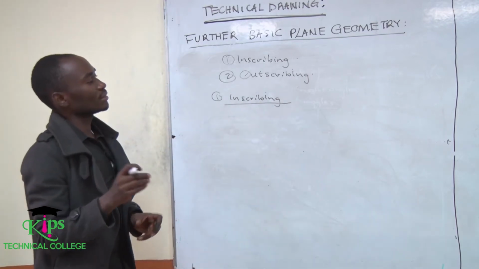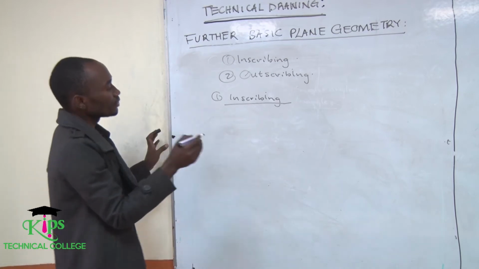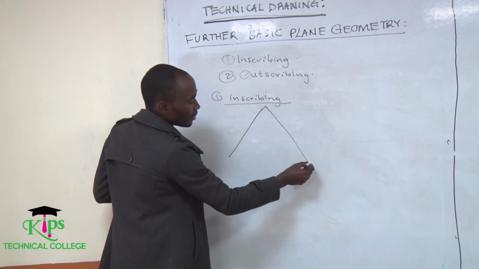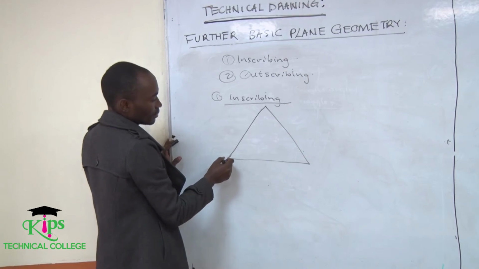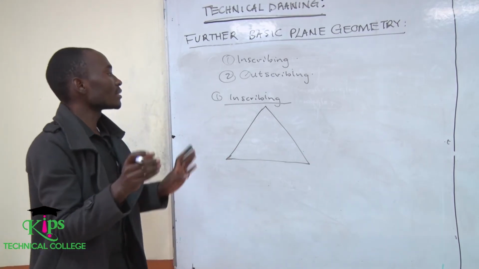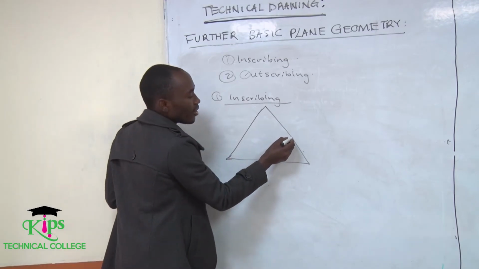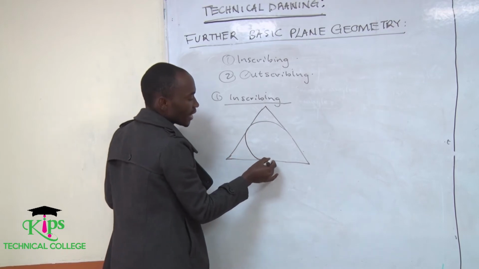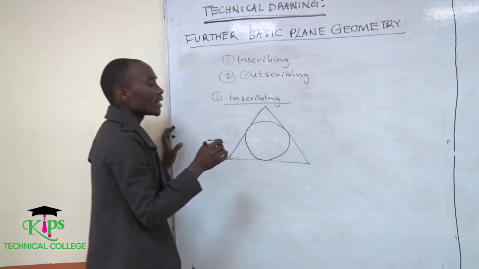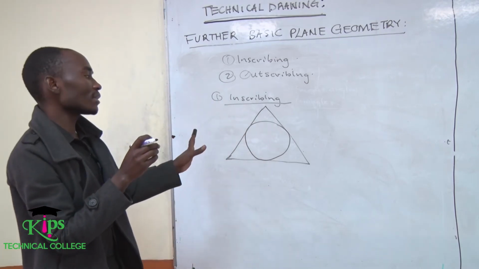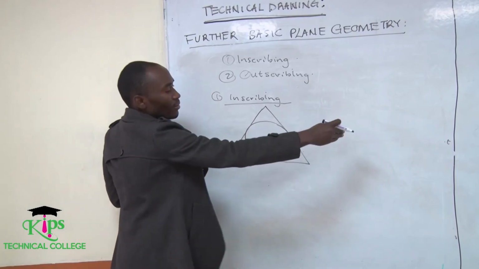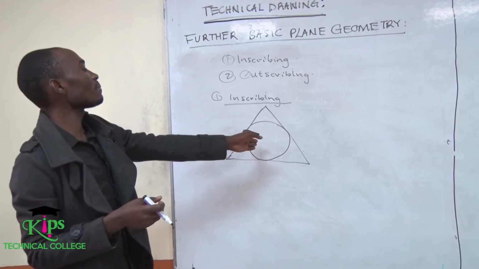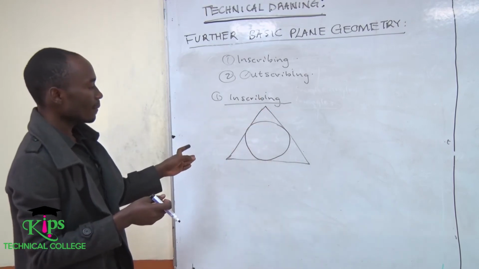Inscribing is a terminology used to mean, for instance, if you have constructed a given triangle like this, and somebody tells you to inscribe, you simply draw a circle which is passing inside the triangle. It should exactly touch the sides of the triangle without extending outward or going past those angles.